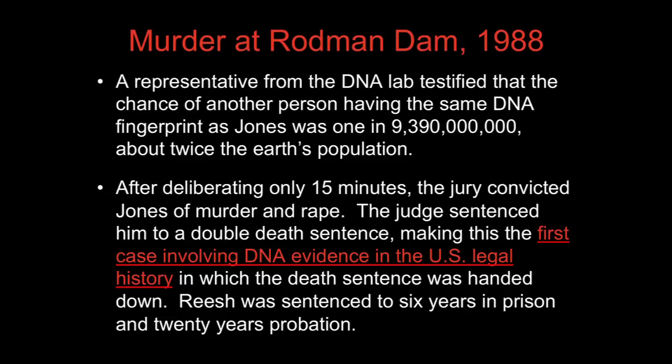The judge sentenced him to a double death sentence, making this the first case involving DNA evidence in U.S. legal history in which the death sentence was handed down. Riesch was sentenced to 6 years in prison and 20 years probation.